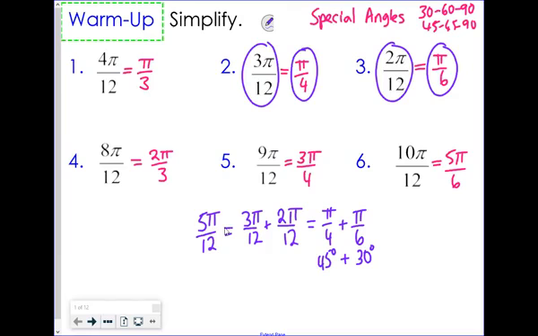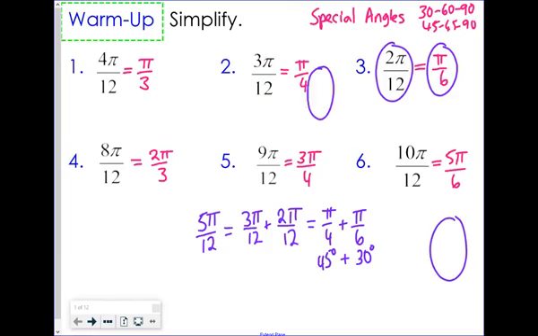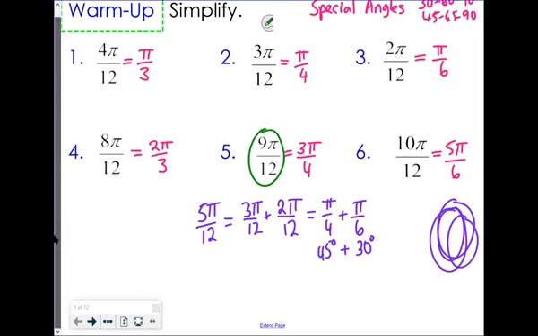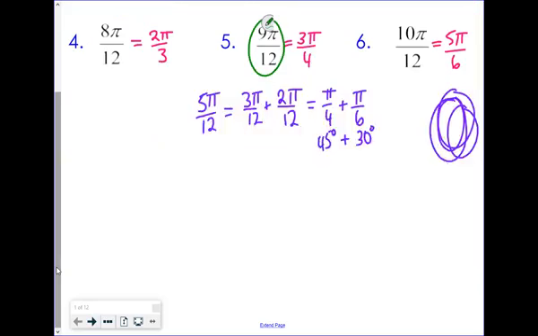I could do it some other way as well, though. I wouldn't have to just use those. Let's move all this stuff out of the way. What else could I use? To get 5 pi over 12, starting with this one, what would I have to do to end up with 5 pi over 12?